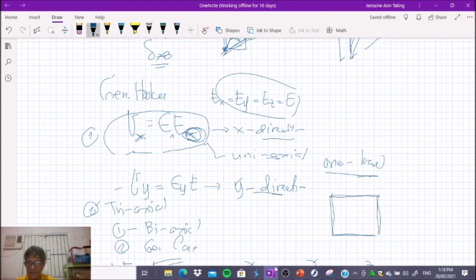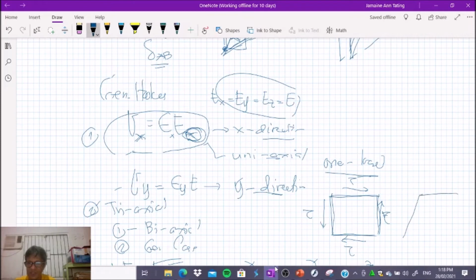So halimbawa meron tayong xy plane lang, so meron tayong shear dito, papunta rin doon, then ito papunta rito. So these are pure shears, actually wala tayong normal stress. So that is for shear tau, dito tau, dito tau din.